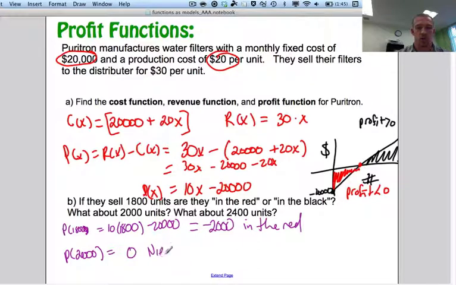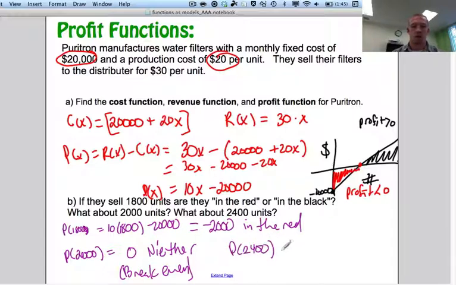So they're neither in the red nor in the black, they have broken even. That's called the break-even point. And then the third one, plug in 2,400, and that gives us a profit of a positive $4,000, in the black.